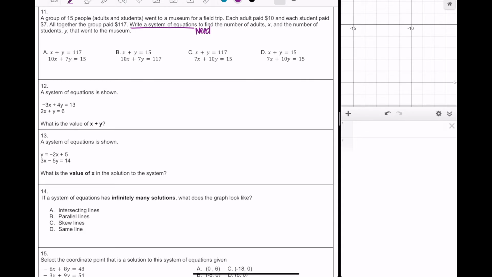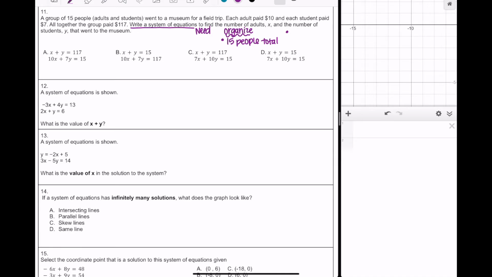To organize this information, we need to define our variables, which is already done for us. Then we just need to put the values with those variables. So there's a group of 15 people total. Adults pay $10, so I'm going to make that a little bullet point.